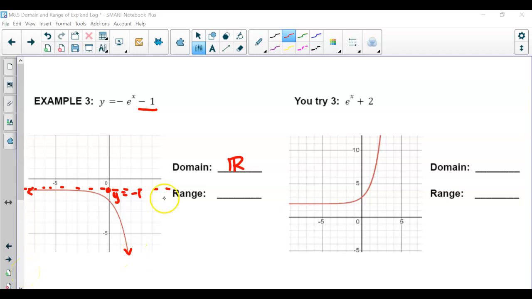And notice again how the range, or the y values, are not all reals because of this horizontal asymptote. So we've got y values, again, we have that -1 here, and our graph or function is below that -1 here. So we have values less than -1, or again, negative infinity to -1. And again, using parentheses because we are approaching.